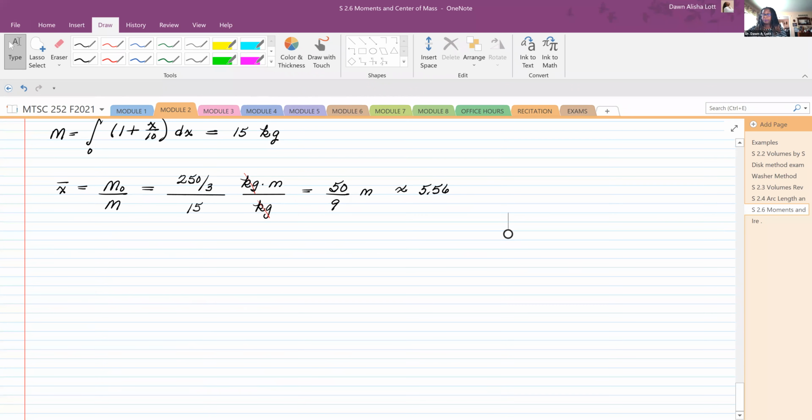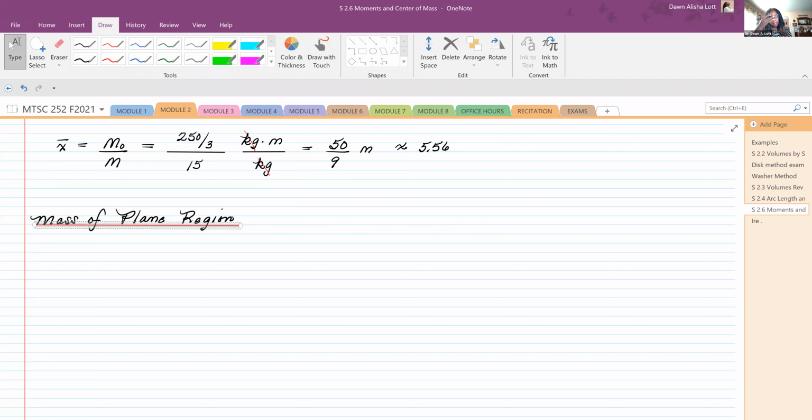Okay, so now this is where we get stuff. Now we're going to 2D. So we started with this mass in a system like on a seesaw kind of thing. Then we went to finding the mass of a thin wire. So let's look at the mass of a plane region. For the mass of a plane region, I still am going to compute the system mass.